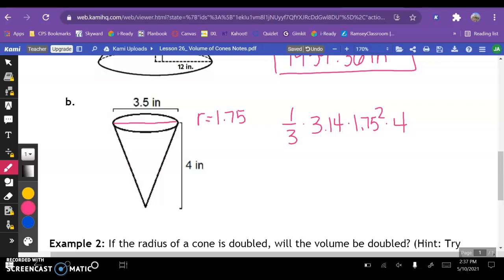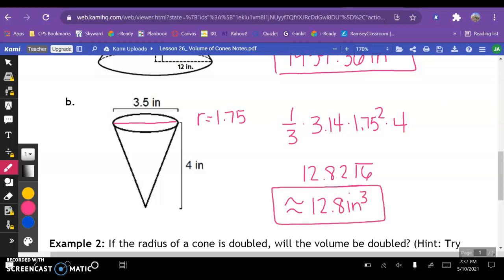So 1 ABC 3 times 3.14 times 1.75 squared times 4 is 12.8216, and that 6 is repeating. So I'm going to say this is about 12.8 cubic inches. I'm going to round to the nearest tenth on that one.